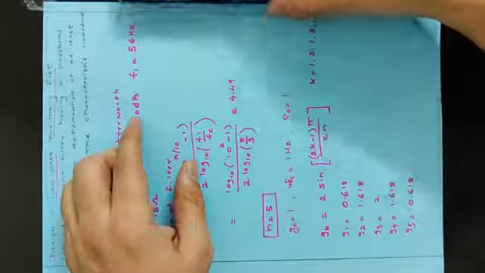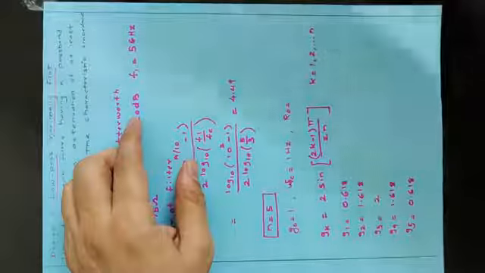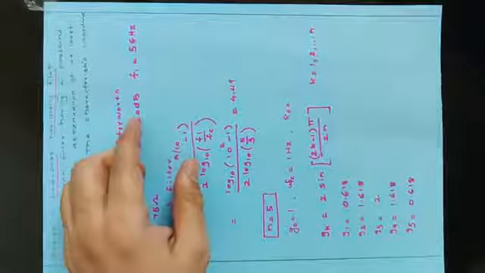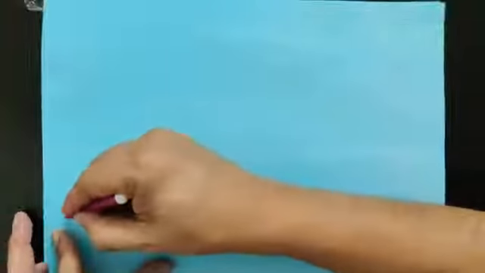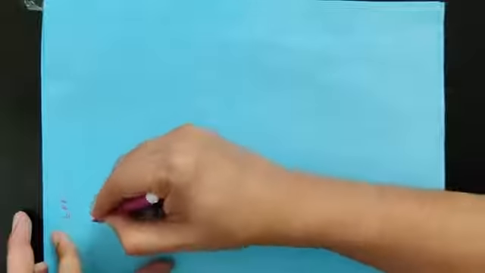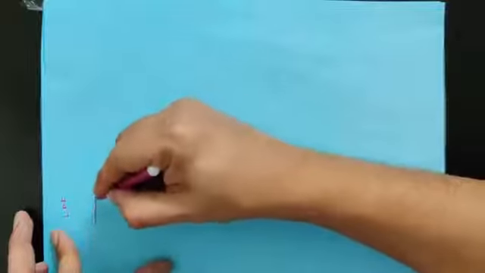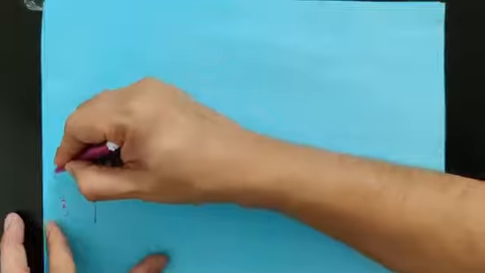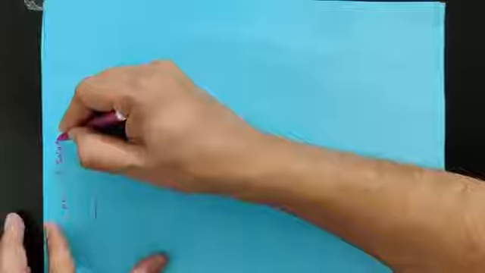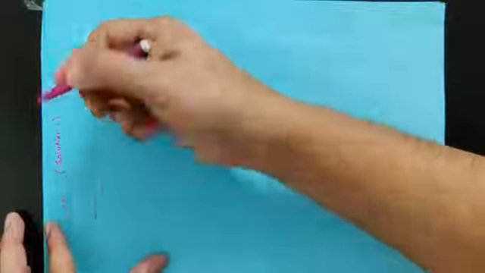Now we have to draw the low pass filter prototype for this one. You are designing a low pass filter. We have two types of solution over here. We'll see both the solutions one by one.